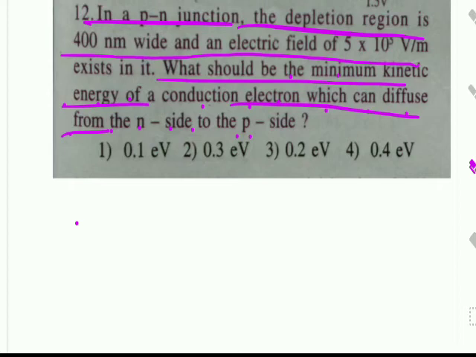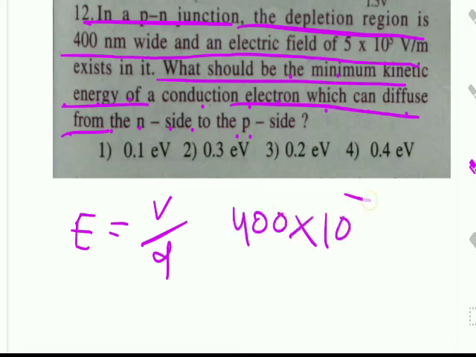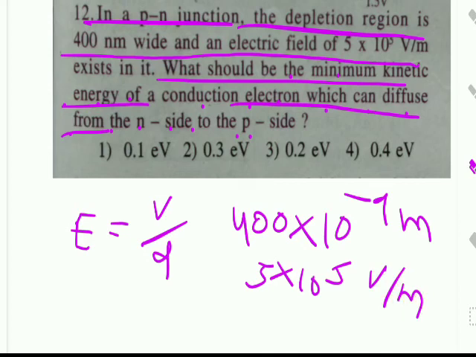He gave the intensity of electric field is equal to V by D. He gave the width of the depletion region, 400 nanometers, which is 400 into 10 to the power of minus 9 meters, and the electric field 5 into 10 to the power of 5 volts per meter. Then he is asking the potential.